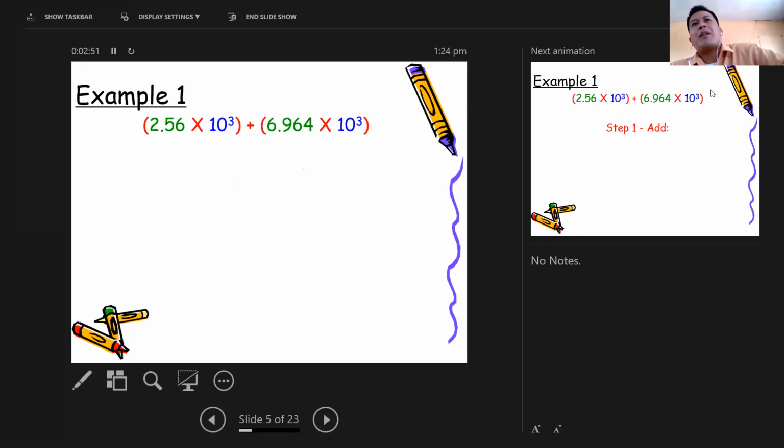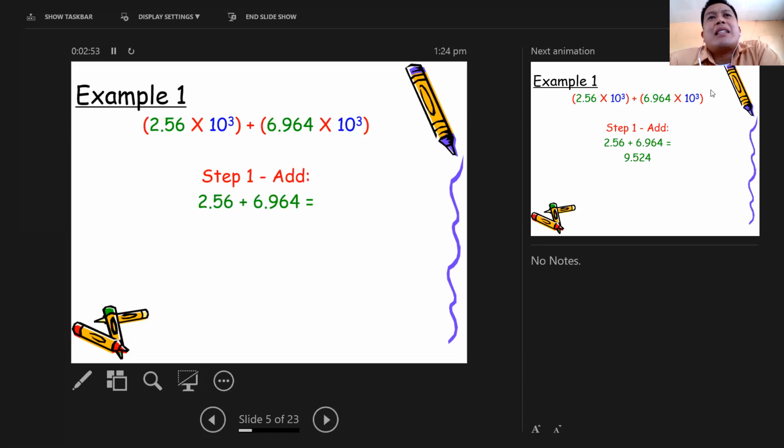So therefore, step number 1, you add the decimals. 2.56 and 6.964 is equal to 9.524. Obviously, you need not ask how to add. Edson might ask, sir, how to add again? So please don't ask me questions like that.